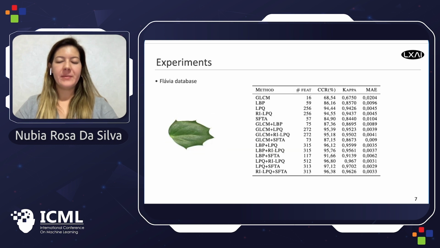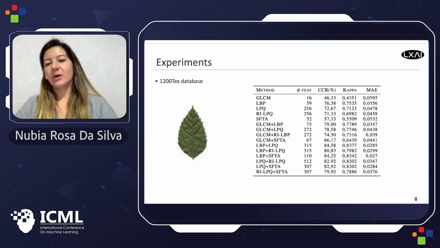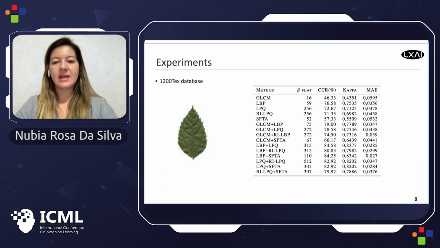For the Flavia database, using the multiple strategy, we could achieve almost 98% success rate. For the 1200 Tickets database, we have a really nice result that was more than 8%, which is better than the literature.